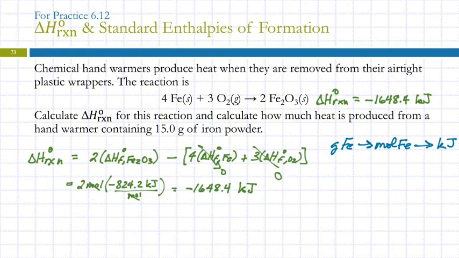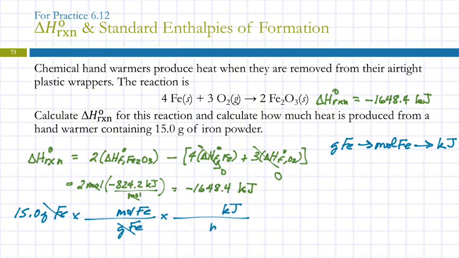So 15.0 grams of iron. I want to convert that to moles of iron. I'm dividing by grams of iron. And then I've got kilojoules up here and moles of iron in the denominator. Minus 1648.4 kilojoules of energy for how many moles of iron?